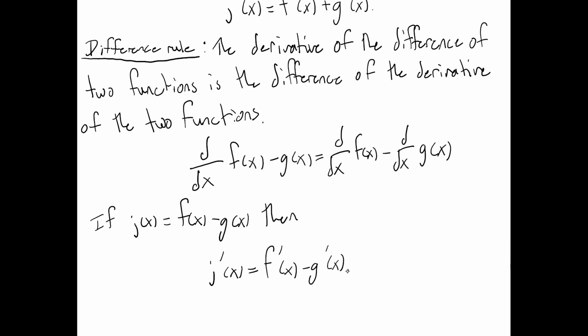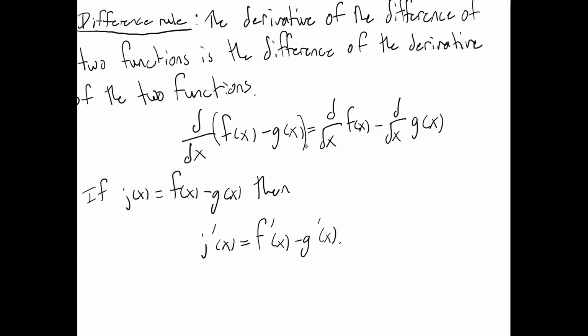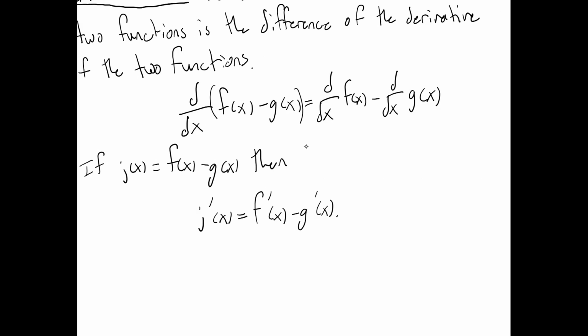Okay. So far what we basically get is that if we are taking the derivative of the difference of two differentiable functions, we can simply take the derivative of each piece on its own and subtract those derivatives.